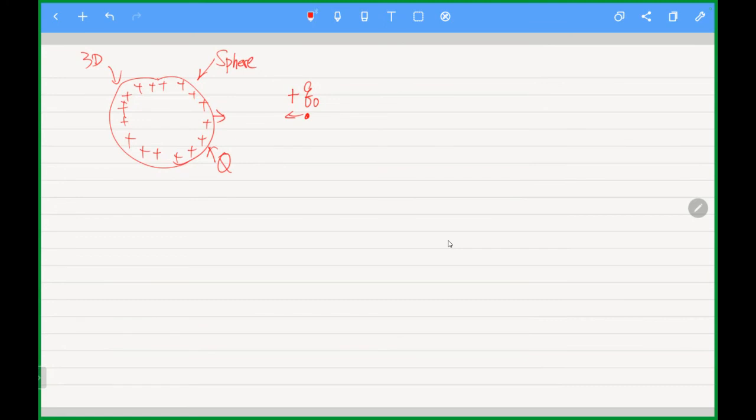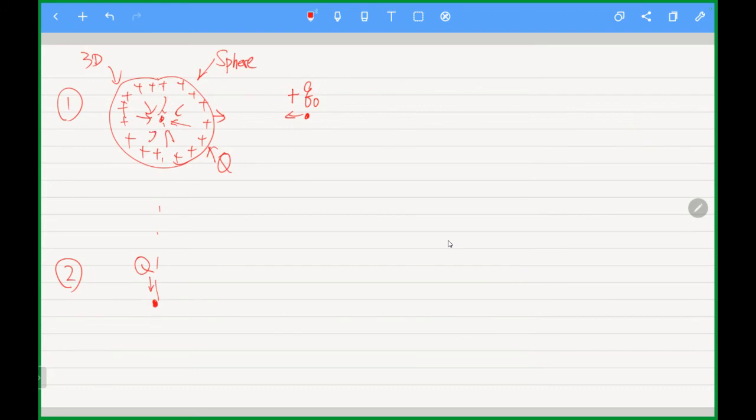But for the second case, if you replace this one with just a point charge, and this charge is still capital Q, we don't change the charge amount. We concentrate all the charge on the surface to the center of the sphere.